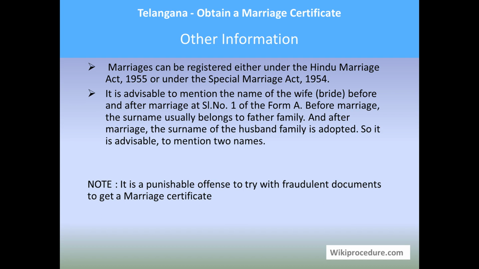Mention the name of the wife before and after marriage at serial number 1 of the Form A. Before marriage, the surname usually belongs to the father's family, and after marriage the surname of the husband's family is adopted. So it is advisable to mention the two names. So in the serial number, please mention the wife's initial, that will be treated as an initial.